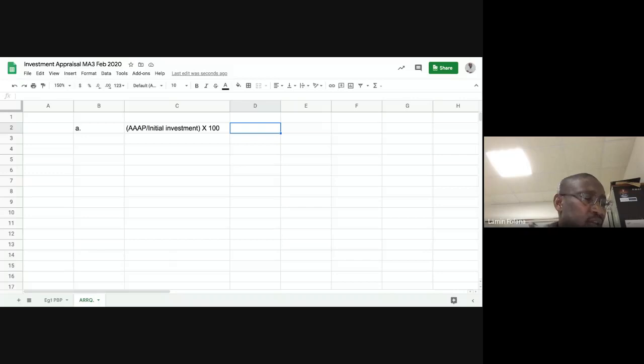So we take the 24,000, which is the annual cash flow, and multiply it by 5 years to give us the total cash flow for the period. Then we deduct the total depreciation from there, and divide that by 5 to give us our average. So for the cash flow, it's going to be 24 times 5. But what about the total depreciation? What will give us our total depreciation?